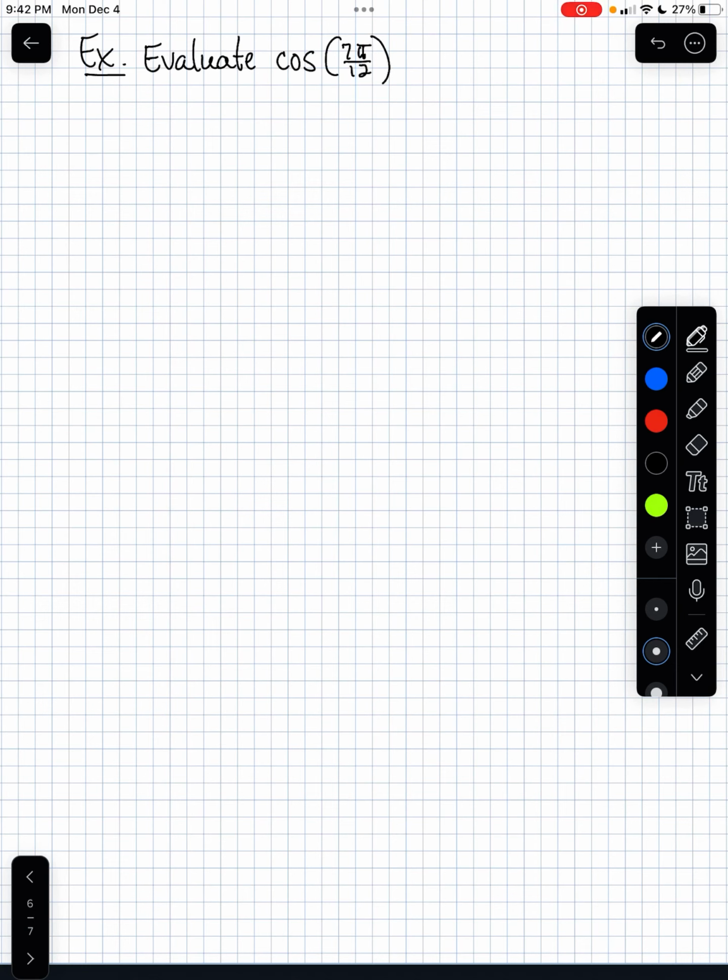So again, we need to find a way to write this as a sum or difference of two common angles.